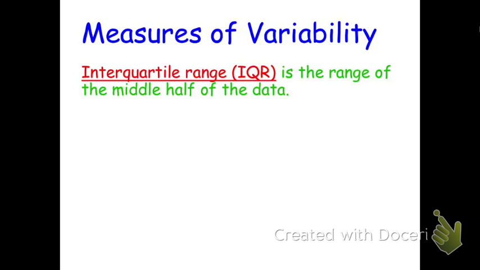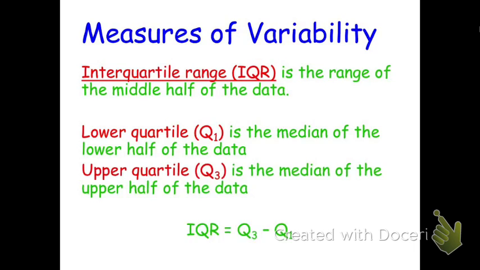The last type of variability is called the IQR. We talked a little bit about that in the cumulative relative frequencies. It's the 75th percentile minus the 25th percentile.